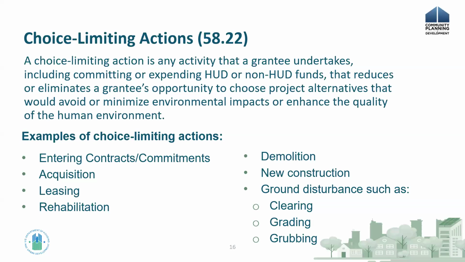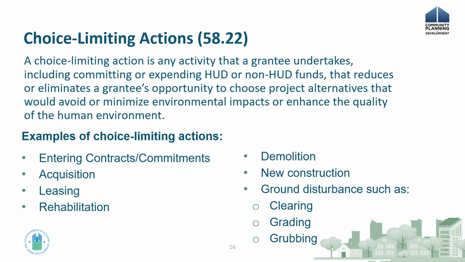Now, again, for that nuance: after the federal nexus, grantees are prohibited from taking new choice limiting actions, except for actions that are part of a pre-nexus contractual obligation, until that satisfactory review has been completed.